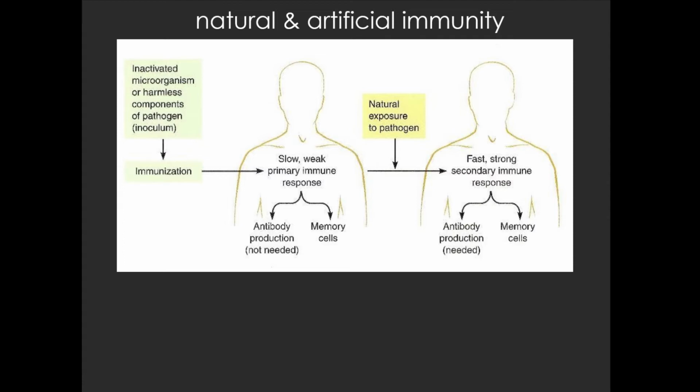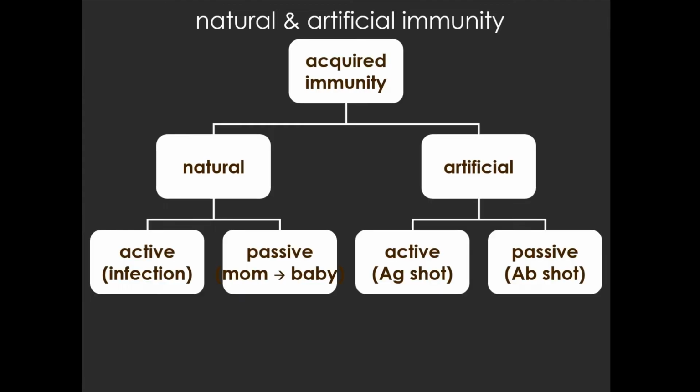So what we see then is an expansion of acquired immunity. We talked already about natural acquired immunity, where we can actively be exposed to antigen naturally because we get sick, and we mount an immune response. We also have that passive natural acquired immunity, where mom is transferring antibodies to the baby or the fetus via placental or gastrointestinal tract transfer.